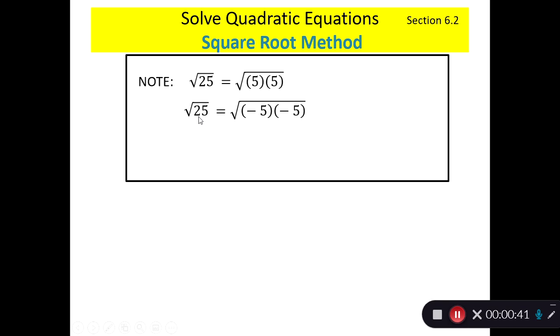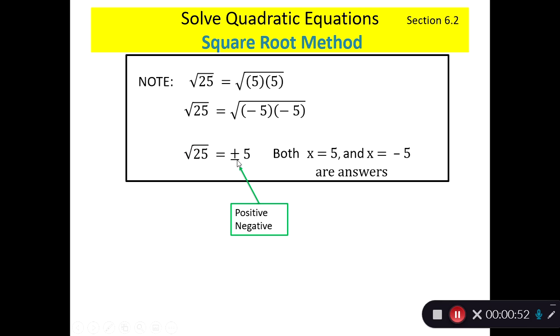So if we're taking the square root of 25, the answer can actually be 5, and the answer can actually be negative 5. And we're going to show this by putting a positive and negative in front of the 5 to show that it could be positive, it could be negative. Both x can be 5 and x can be negative 5. They're both answers.